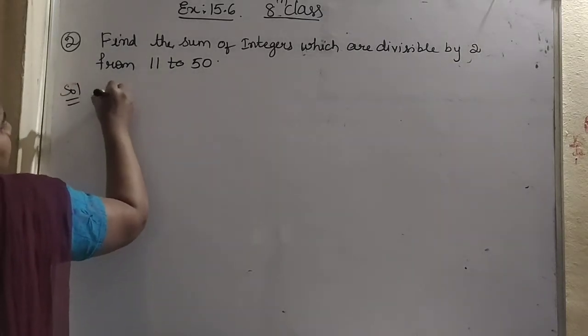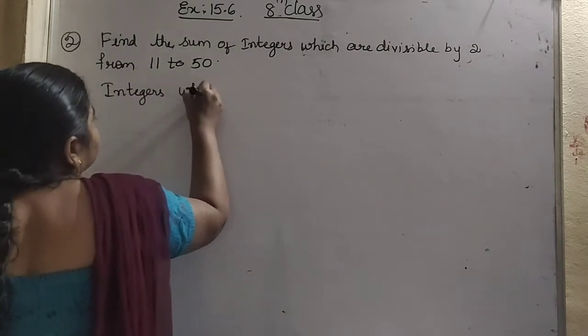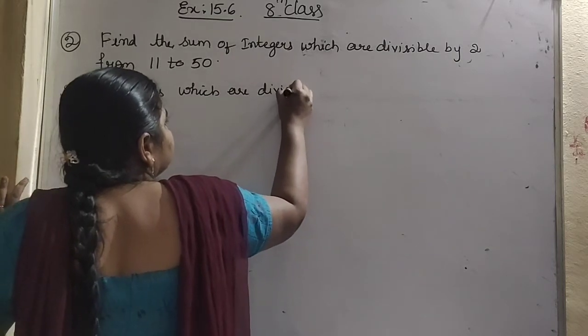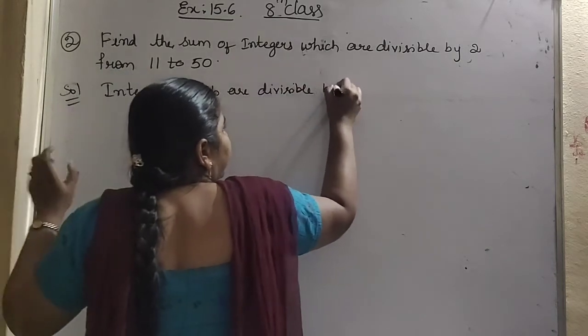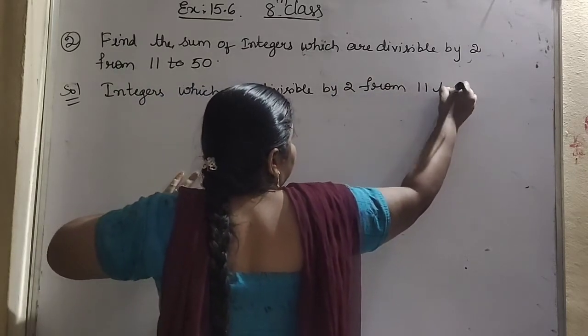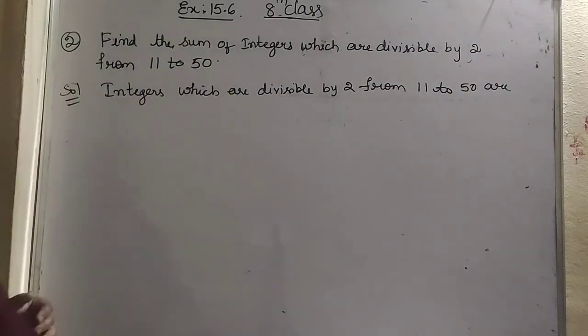We will see. So integers which are divisible by 2 from 11 to 50 are. So what are the numbers which are divisible by 2 from 11 to 50?